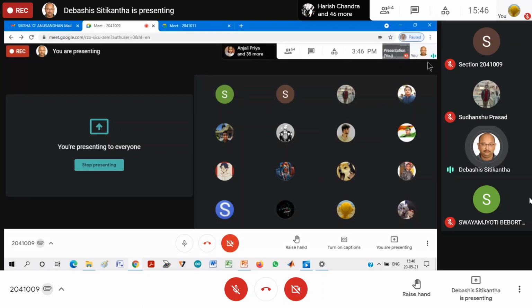All of a sudden, it didn't change. Rather, the current was slowly increasing. So this is how the RC circuit is going to work. Some idea I have given today, but in detail we'll study this when we study this chapter.